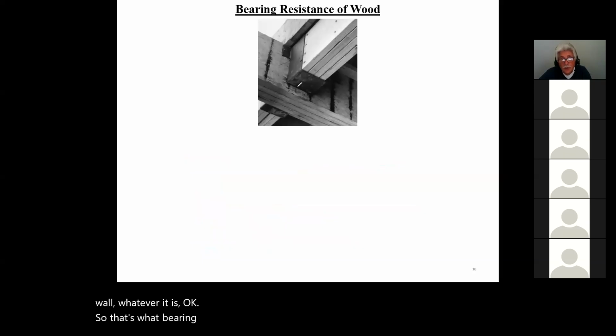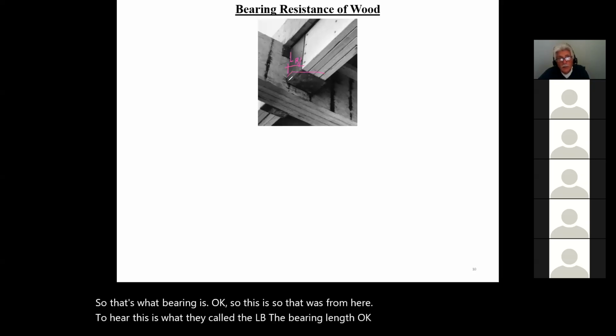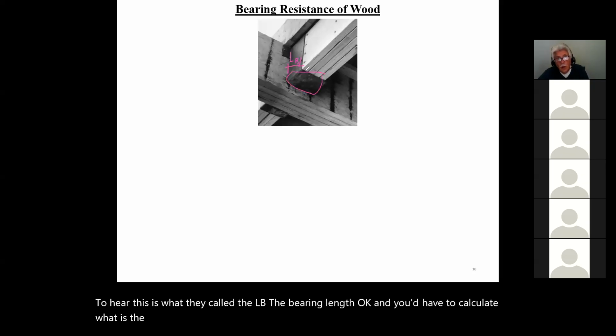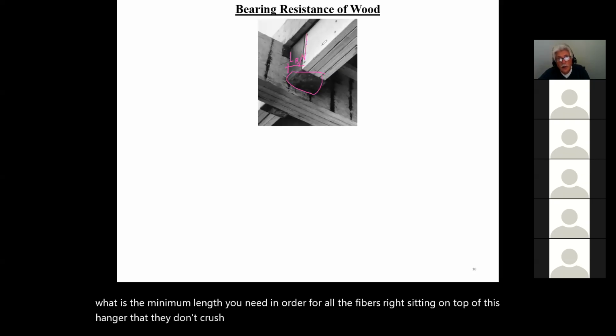From here to here, this is what they call the LB, the bearing length. You'd have to calculate the minimum length you need so that all the fibers sitting on top of this hanger don't crush under the load being transferred from the beam to that hanger.